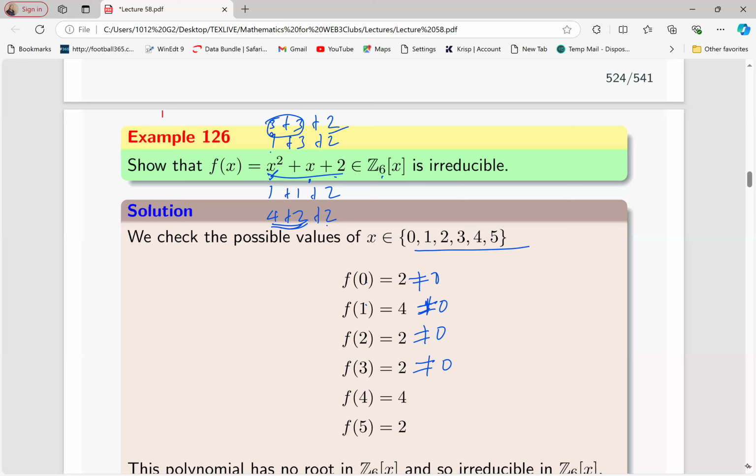If you want, you can just add 9 plus 3, which is 12, then plus 2, which is 14, and reduce that mod 6 and carry the same 2. What about 4? It will be 4 square plus 4 plus 2. But 4 square is the same as negative 2 times negative 2. Then plus 4, then plus.